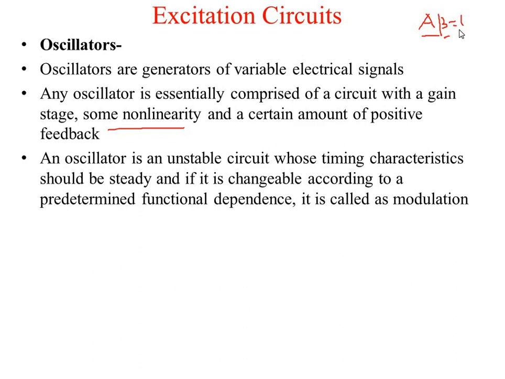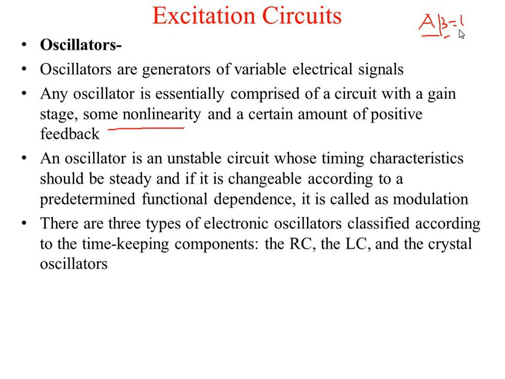And we know that you have studied analog communication, where you change the amplitude, or the time or frequency, or the phase. In that case, phase, amplitude and time or frequency are the function dependent, and whatever output is generated by such kind of oscillator, we will call it a modulation type of circuit.